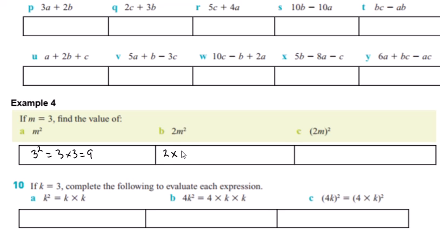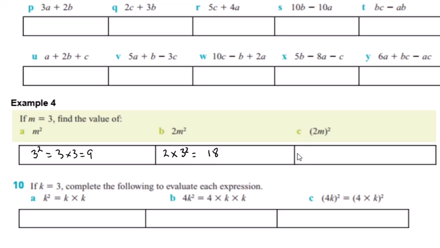So 2 times 3 squared. So 2 times 3 squared, 3 squared is 9, times 2 is 18.